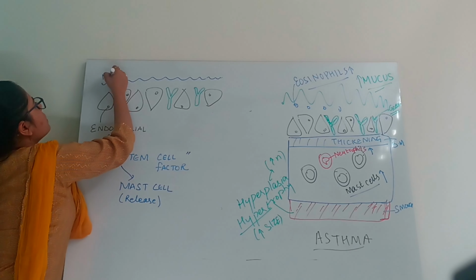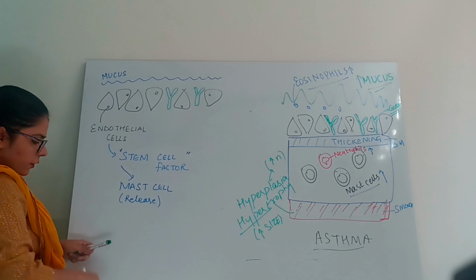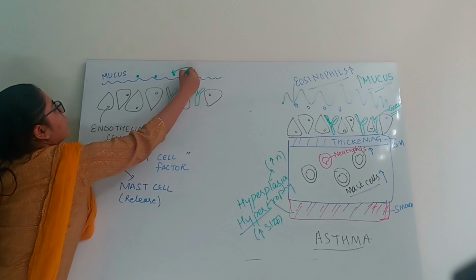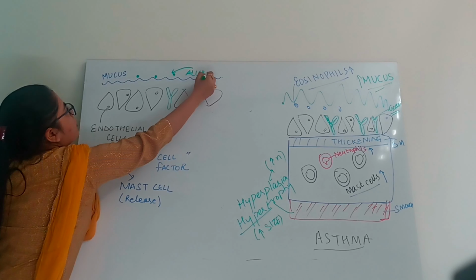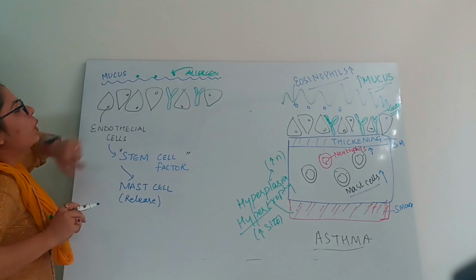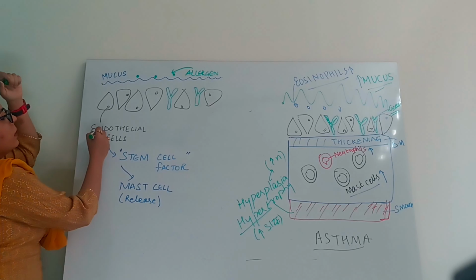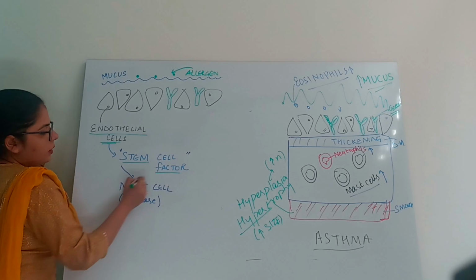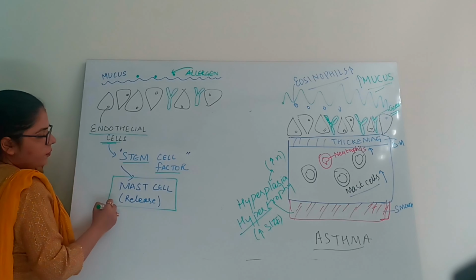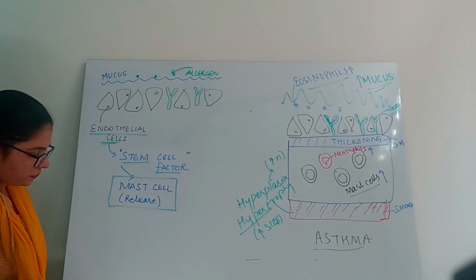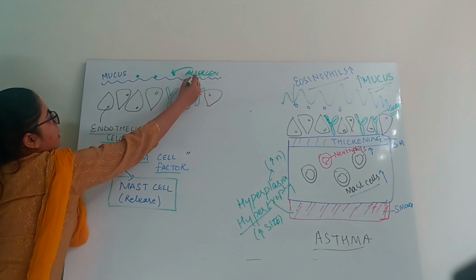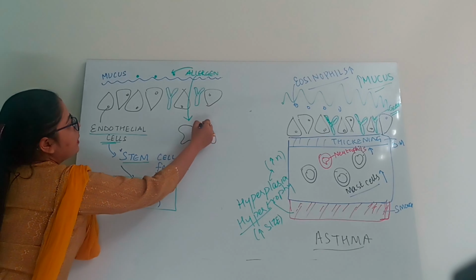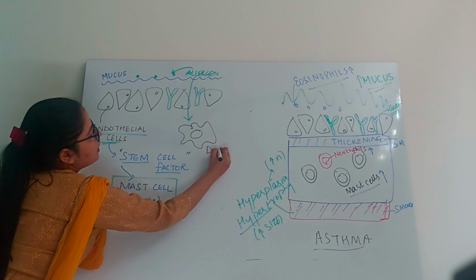Okay, so this is mucus. If there is an inhaled allergen, what all happens? The first thing is that the endothelial cells start to release stem cell factor, which will trigger the release of mast cells. Second, the inhaled allergen will be consumed by the dendritic cells.